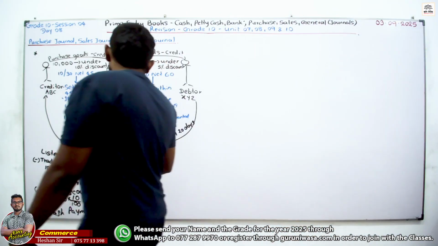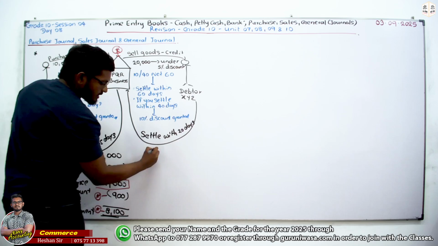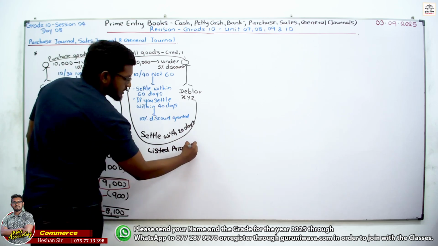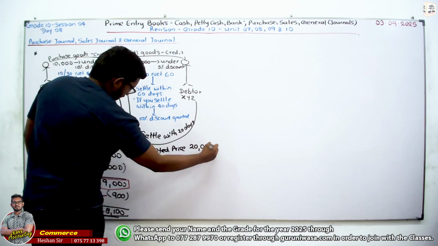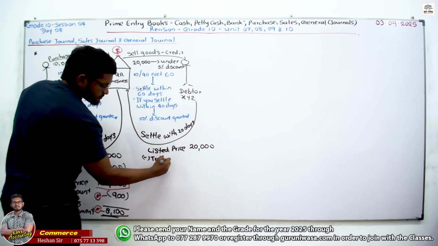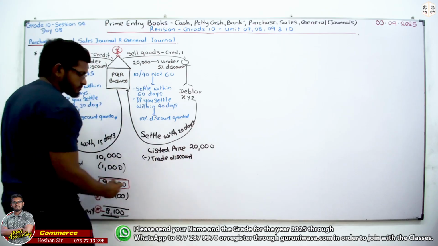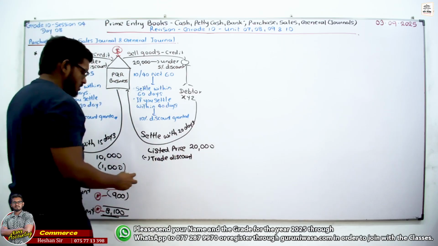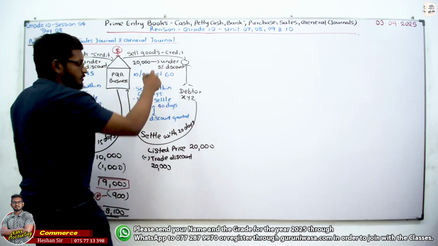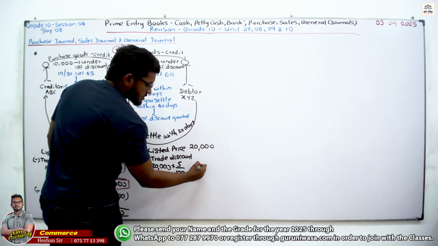Now the other part. I sold 20,000 worth of goods. This is my listed price. And also I deducted trade discount. So 20,000 into 5%, right? 5 upon 100, how much? 1,000, right?